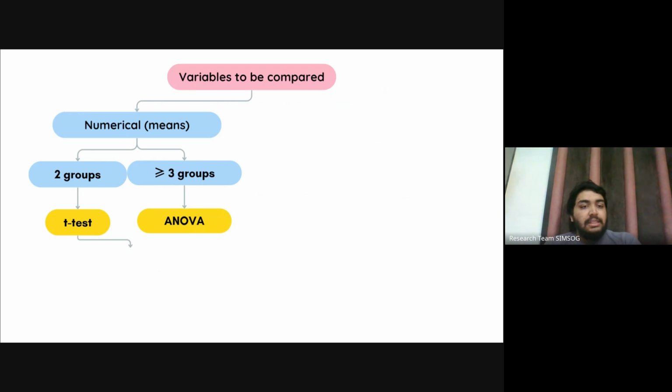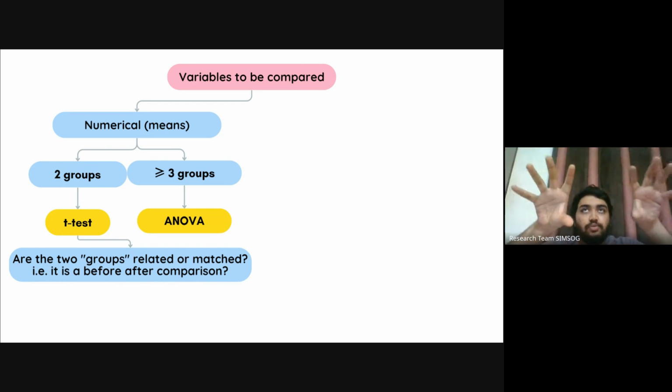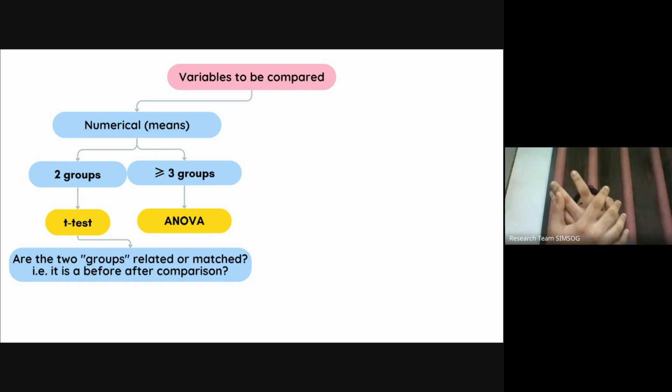Now, even in the t-test, there are two possibilities where we have to ask ourselves: are the two groups, or the two things you want to compare, related or matched? That is, is it a before-after comparison, like in an intervention study or a prospective observational cohort study, where you want to check the same group before and after and compare whether there's a difference?